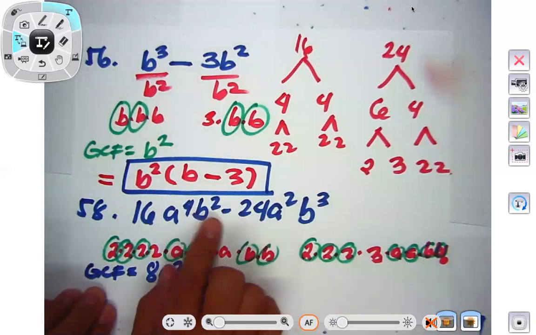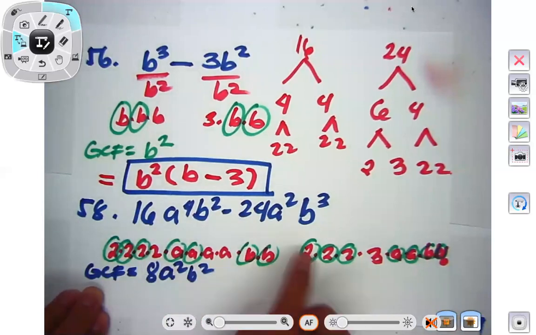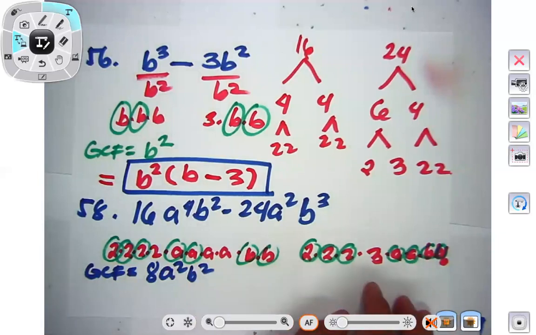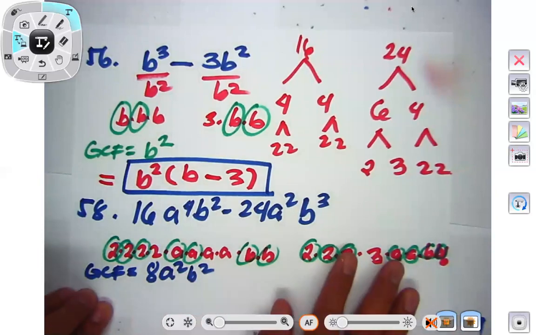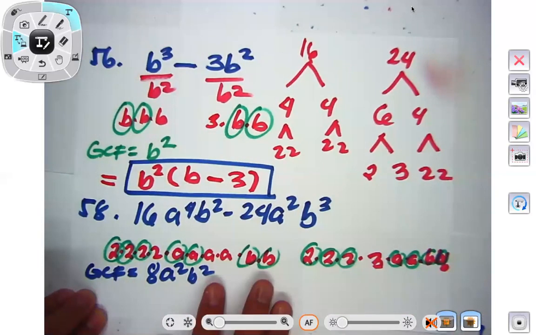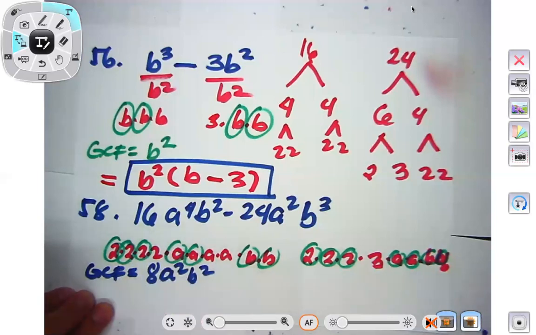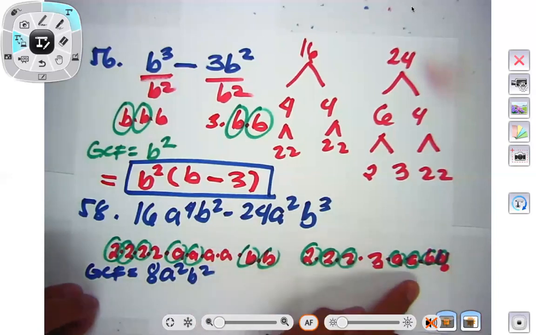Just like this, 16 and 24. What's the greatest number that divides 16 and 24? Of course, 8. But the process of doing that is this. If you already have that in mind, you don't really have to show it. Like I said, this is an escapable step.